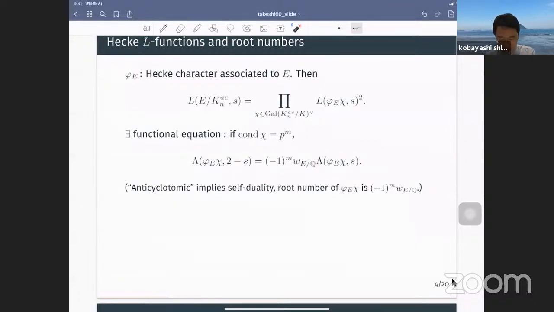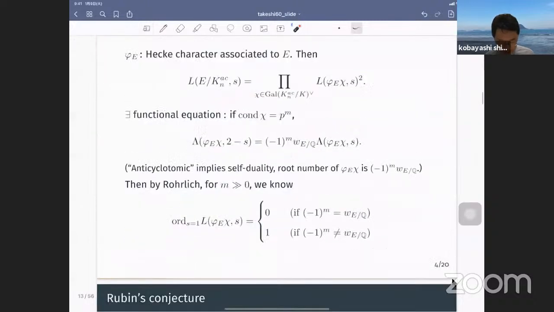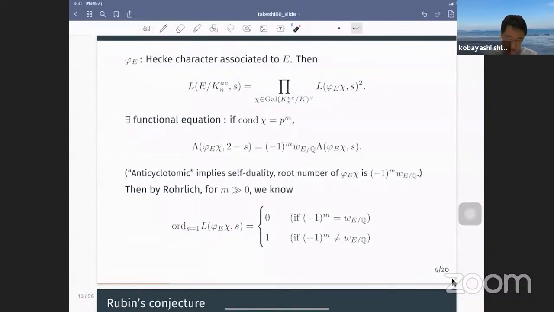And the root number is this. The root number of phi_E times chi is (-1) to the power m times the root number of the bottom. So depending on the parity of m, the root number changes. And Rohrlich showed that for sufficiently large m, he determines the actual order of the L-function.